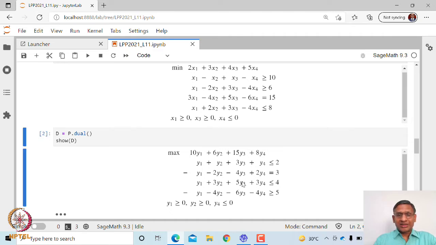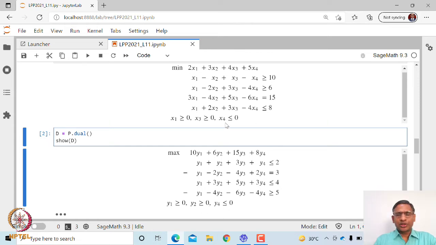So these are the changes, and you look at the first variable y1 is greater than equal to, y2 is greater than equal to, y3 is unrestricted. Why is y3 unrestricted? Y3 corresponds to the third constraint in the primal, which is equality type. So when you have equality type constraints, the dual variable corresponding to that will be unrestricted.